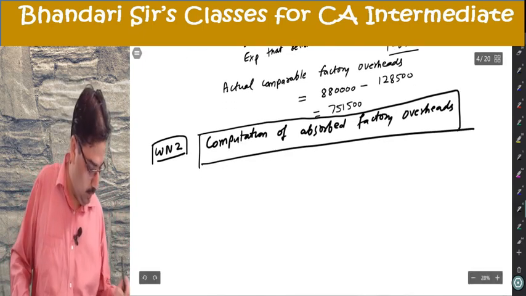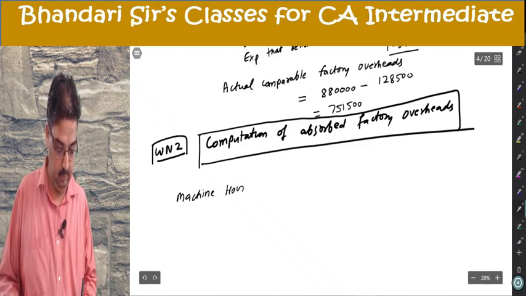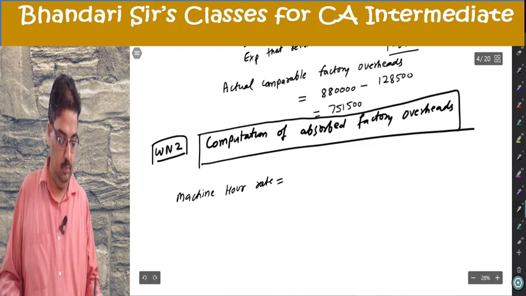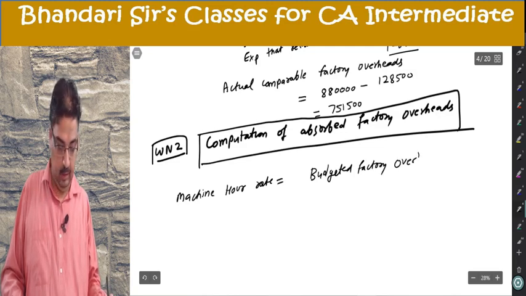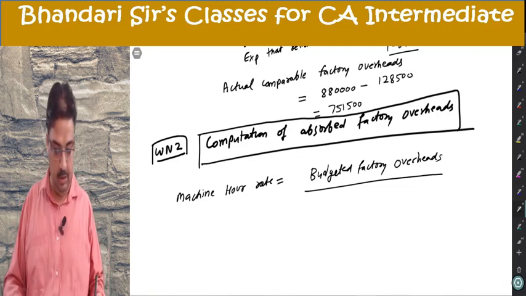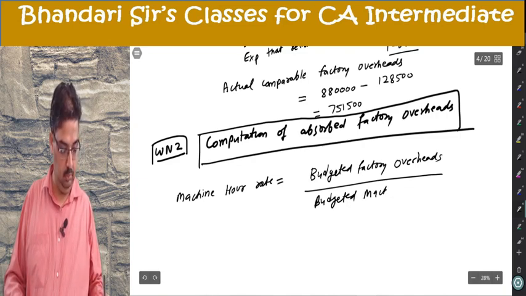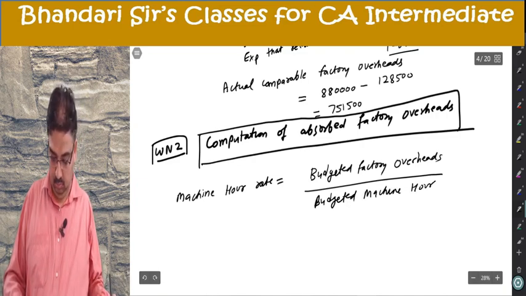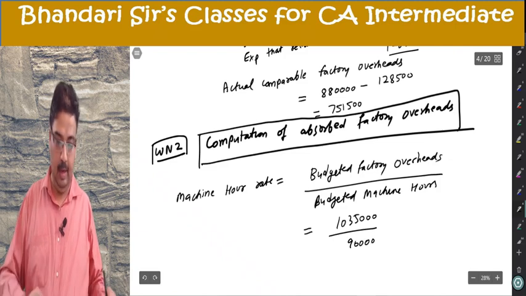So first thing I am doing here is machine hour rate. This is equal to budgeted factory overheads. Factory overhead, production overhead, one and same thing. Divide by budgeted machine hours, which is equal to 10,35,000 divided by 90,000.